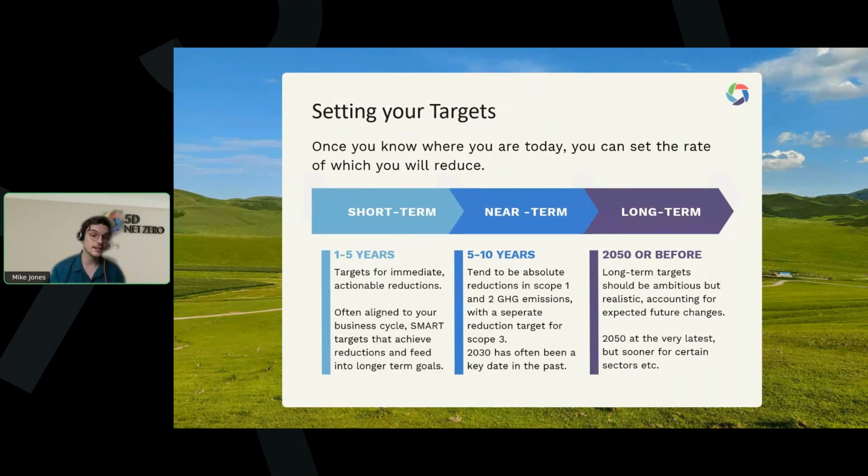So it's about being realistic. There's nothing wrong with setting a 2050 long-term target if that suits your sector and your business, and then actually achieving it earlier. You can have stretch targets, but it's around being realistic to yourselves. The near term really helps you then have a medium-term milestone to make sure you get there.